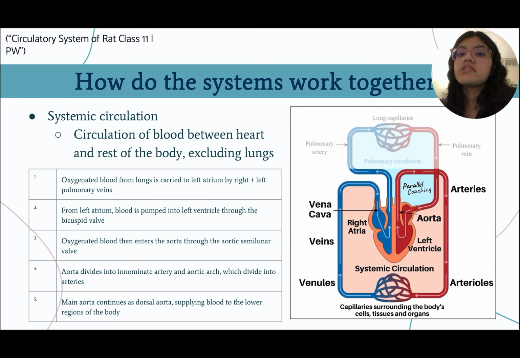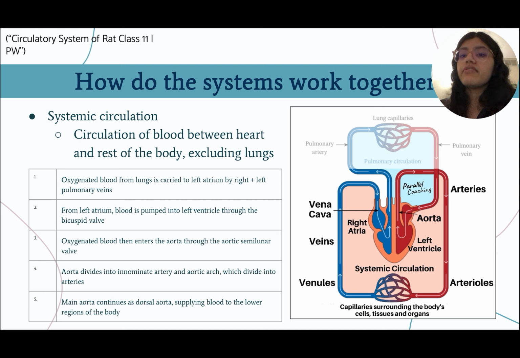Then there's the second circulation called systemic circulation, and it's called systemic because it's the circulation of all the reoxygenated blood that's transported from the lungs to the heart and back to the rest of the body. Looking at the specific steps, the lungs transport the oxygenated blood to the left atrium by the pulmonary veins.